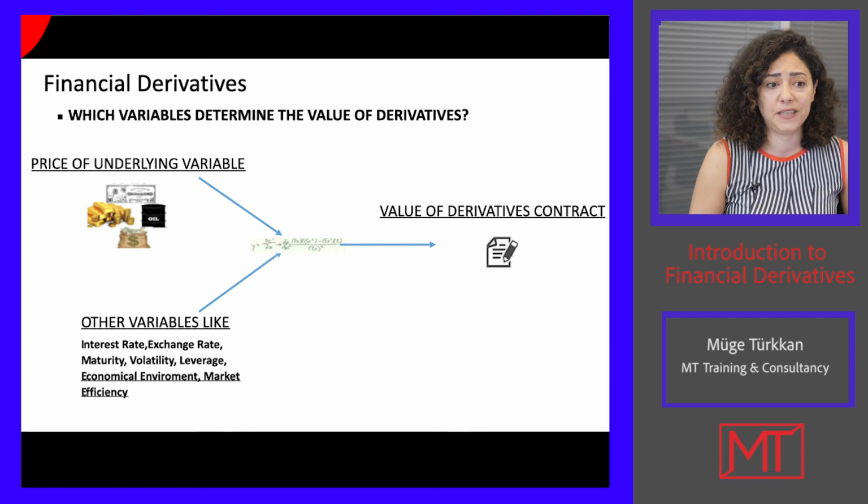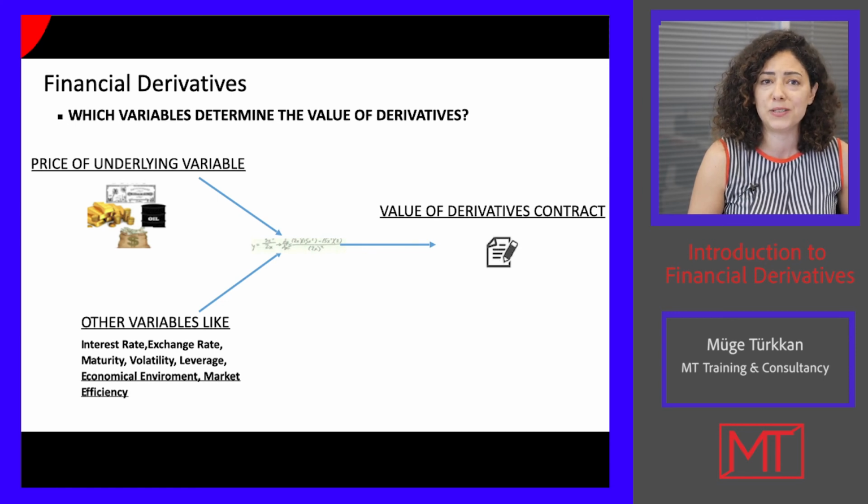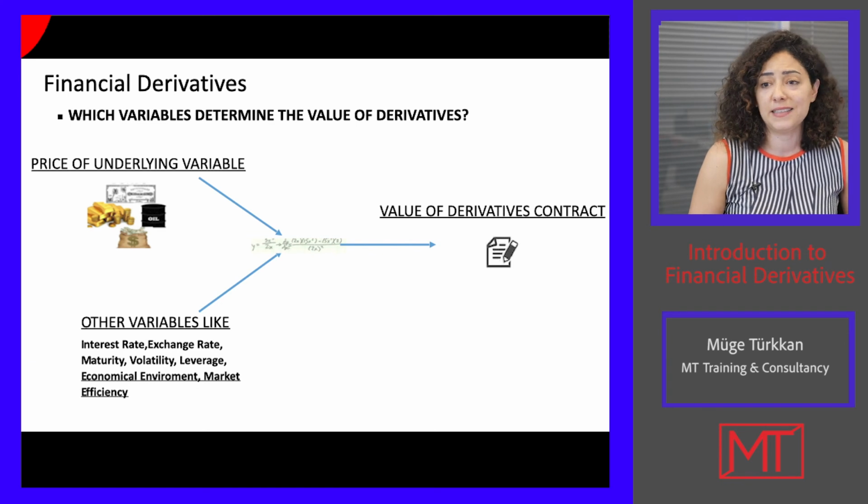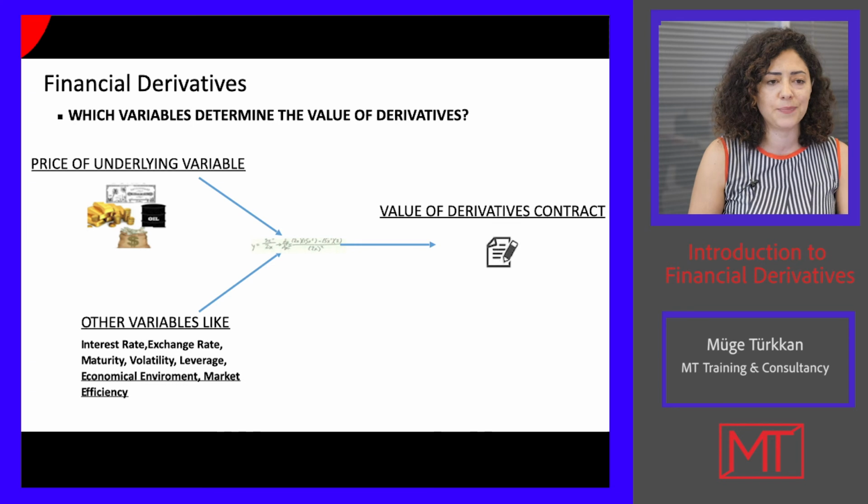Even if we have lots of information about that product, and even if we are very much informed about statistical data, historical data, and the pricing formulas, it doesn't matter. The best example for that is the LTCM hedge fund. Maybe you already heard about it.